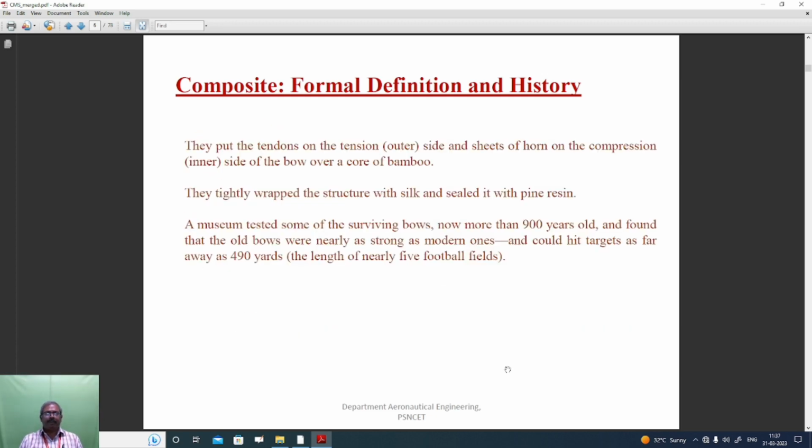They tightly wrapped the structure with silk and sealed it with pine resin. A museum tested some of the surviving bows, now more than 900 years old, and found that the old bows were nearly as strong as modern ones, and could hit targets as far away as 490 yards. That is equal to the length of nearly 5 football fields.